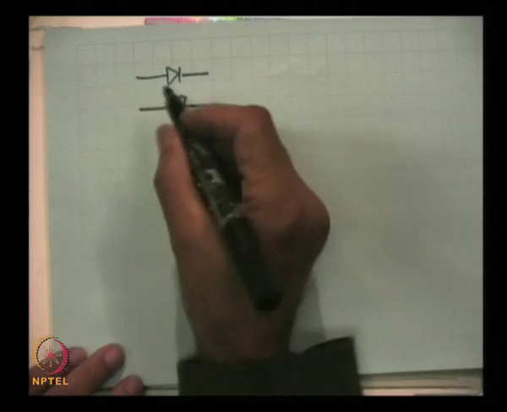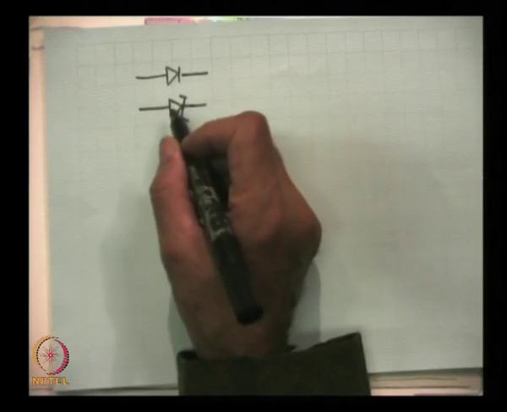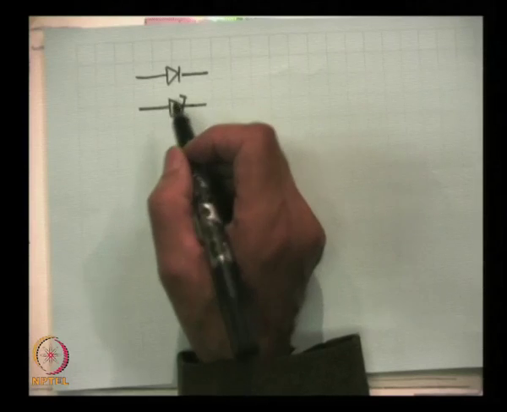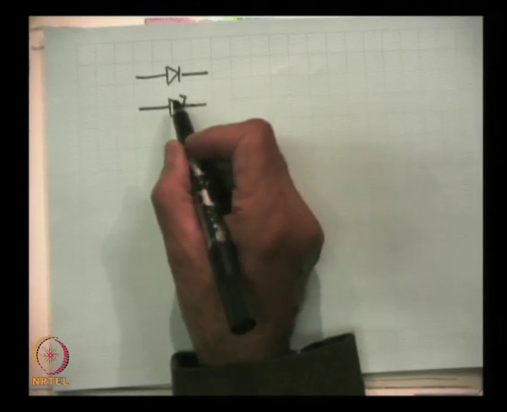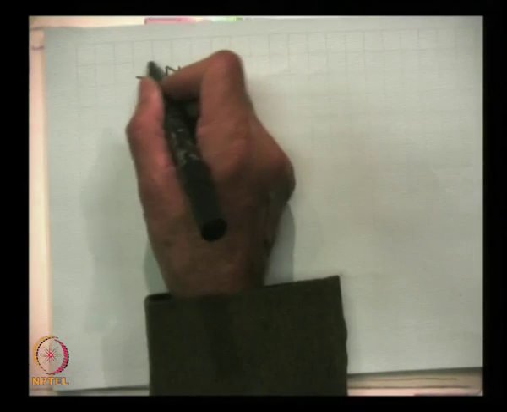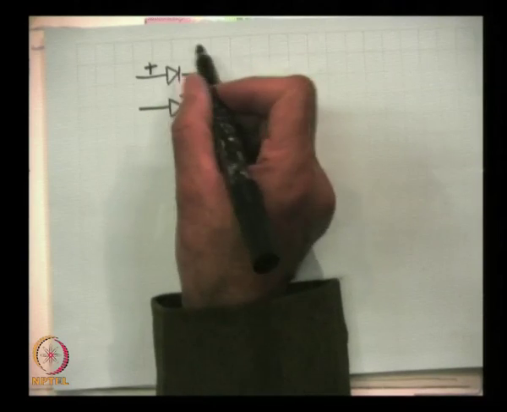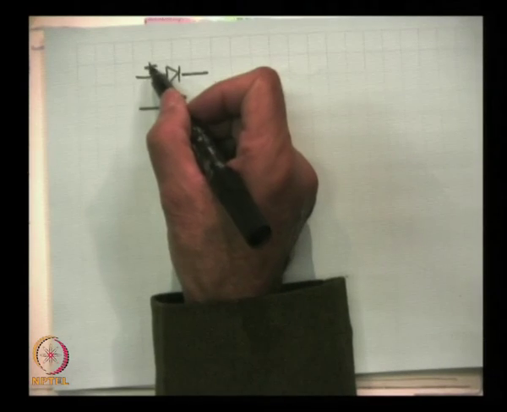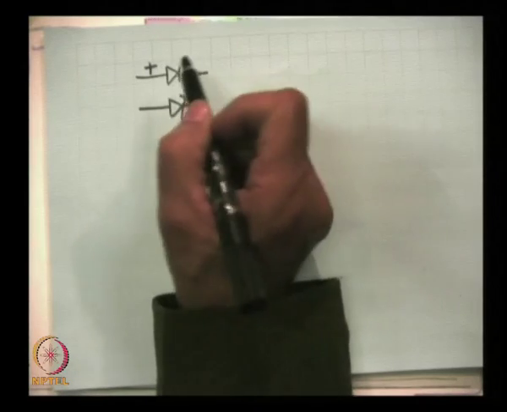So, remember this little difference here, that tells you whether in the circuit design this is a Zener diode or a simple diode. This is the higher voltage side. When this is connected to the P side of the battery, then the ordinary diode is forward biased.